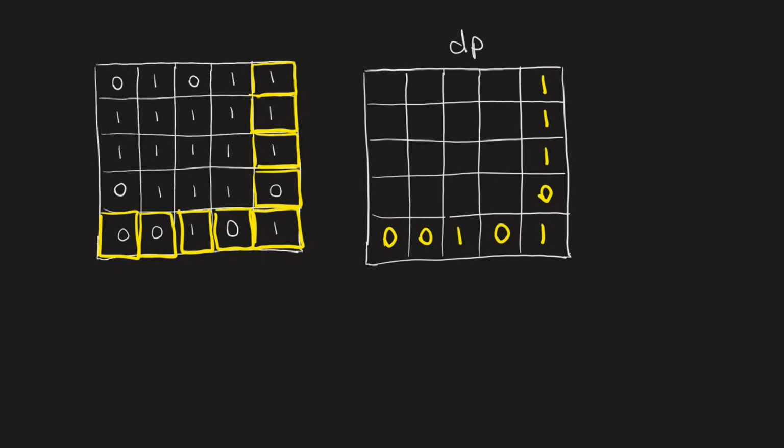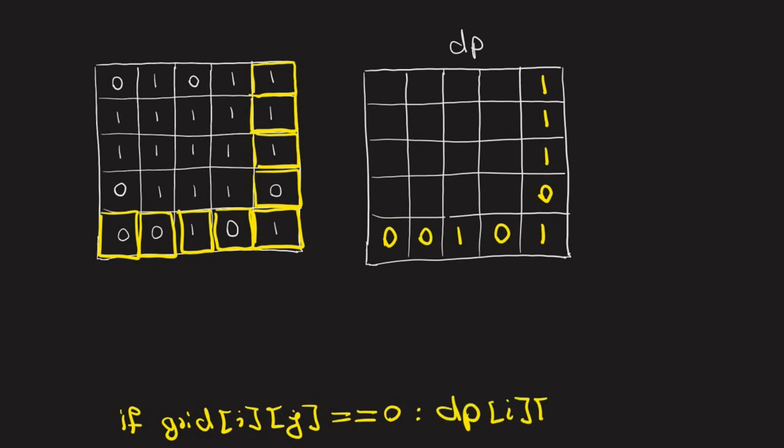Okay, so we could say if grid ij equals 0, we can just put the value of dp at that location 0. We could say dp ij equals 0.